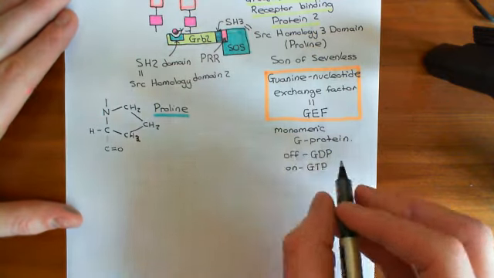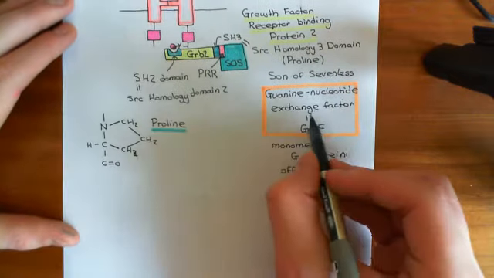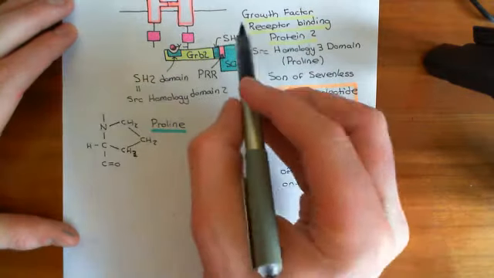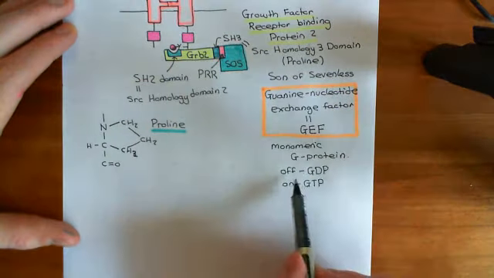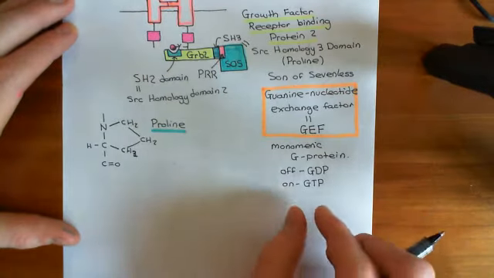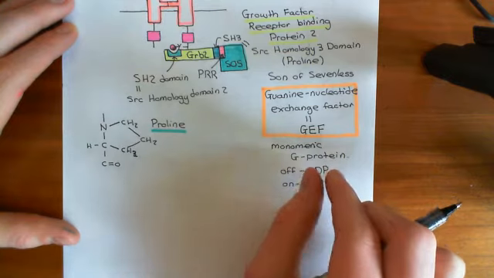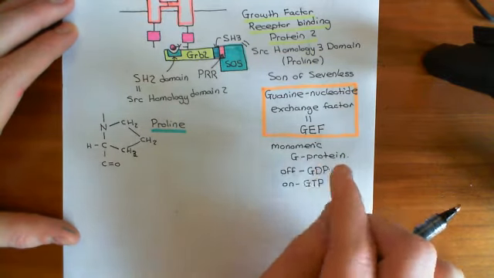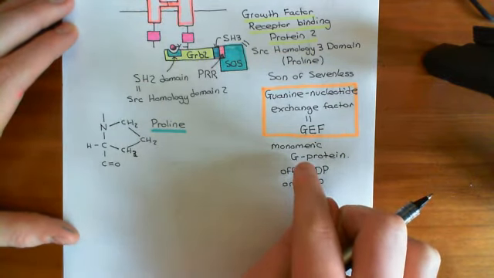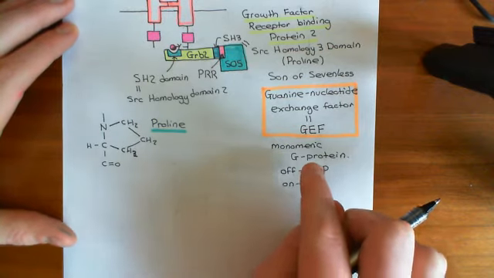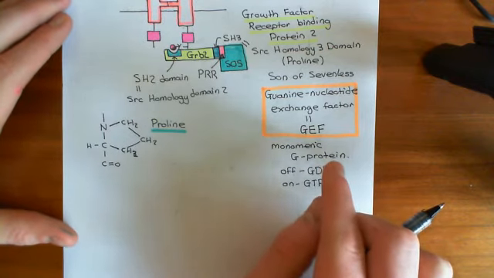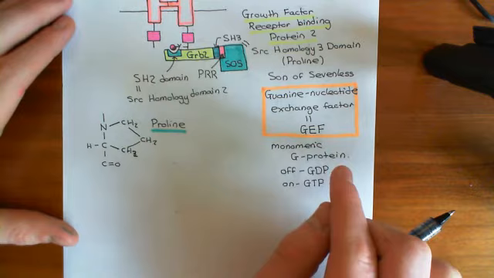And the idea of a guanine nucleotide exchange factor is that it's going to act on the monomeric G protein, rip the guanosine diphosphate off, and then bind a guanosine triphosphate on, and therefore it's going to turn the monomeric G protein on.